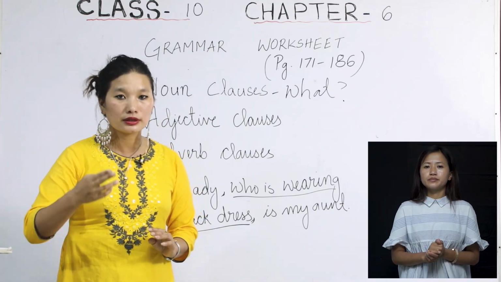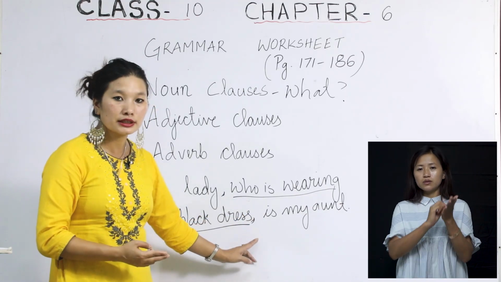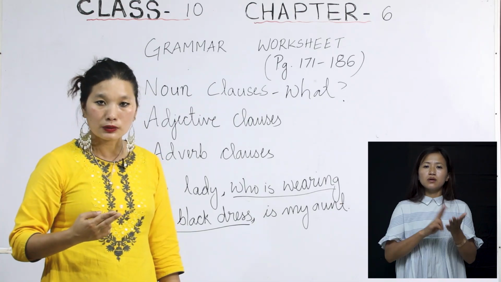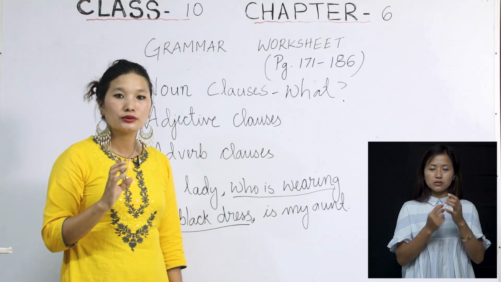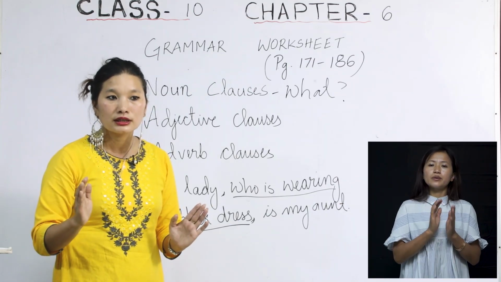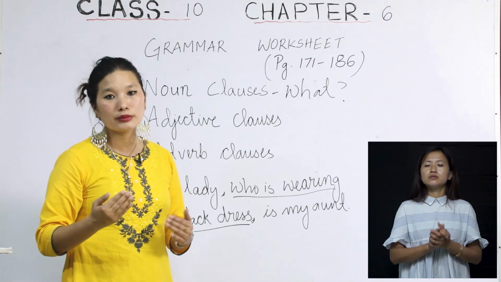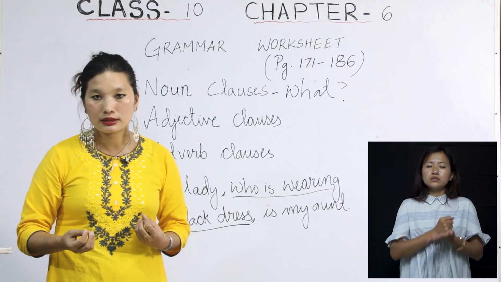Once more, in order to clarify your doubt, you can put commas before and after the clause if it is a non-defining clause, okay? But if it is a defining clause, you cannot use commas there. You just have to go as the sentence is, because it is giving you the information which is very much required for people to understand what you are trying to say, okay?